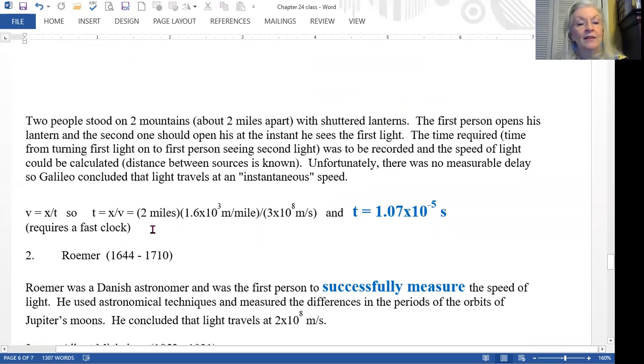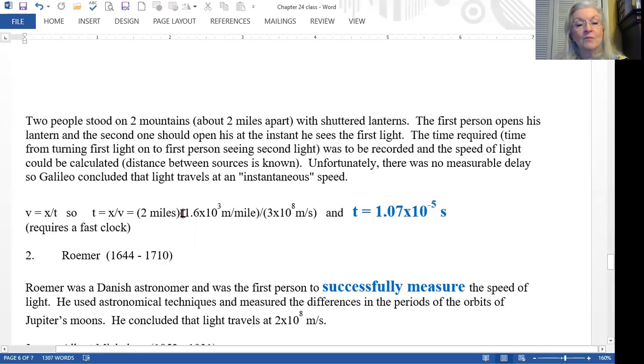If you look at Galileo's experiment and try to do the math, velocity is distance divided by time. So let's see what time interval he'd have to be able to calculate. If the distance is 2 miles, we want to convert that 2 miles to meters, because we know the speed of light in meters per second.